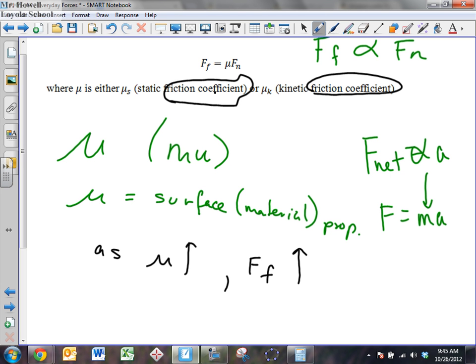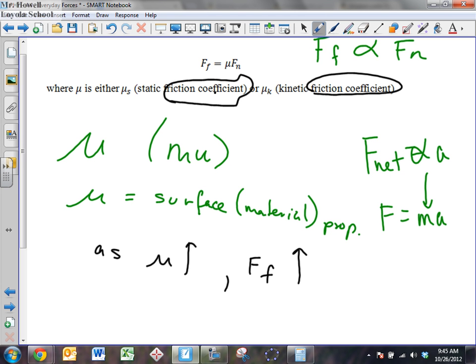The higher the mu, the more rough the surfaces are. The lower the mu, the smoother the surfaces are. So Teflon would have a very low mu value. Very low. Whereas something like wood, or rusty metal, or rubber.